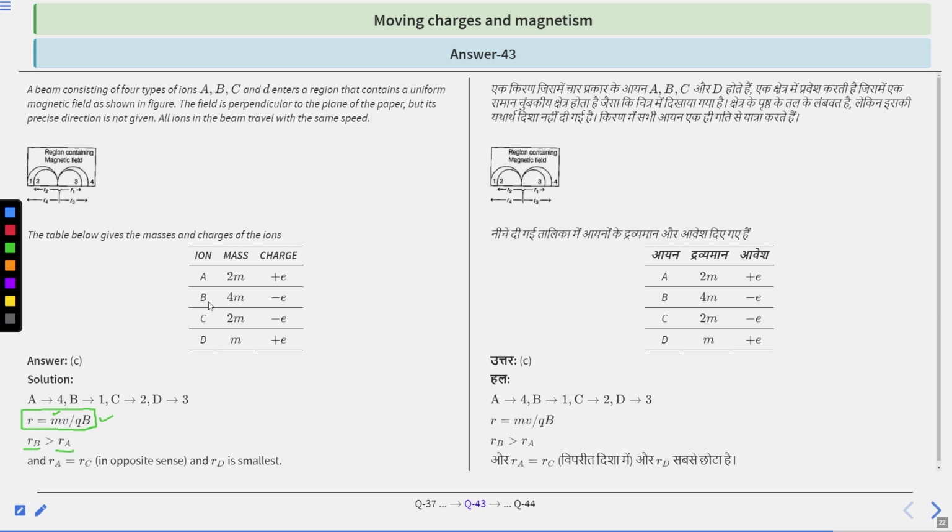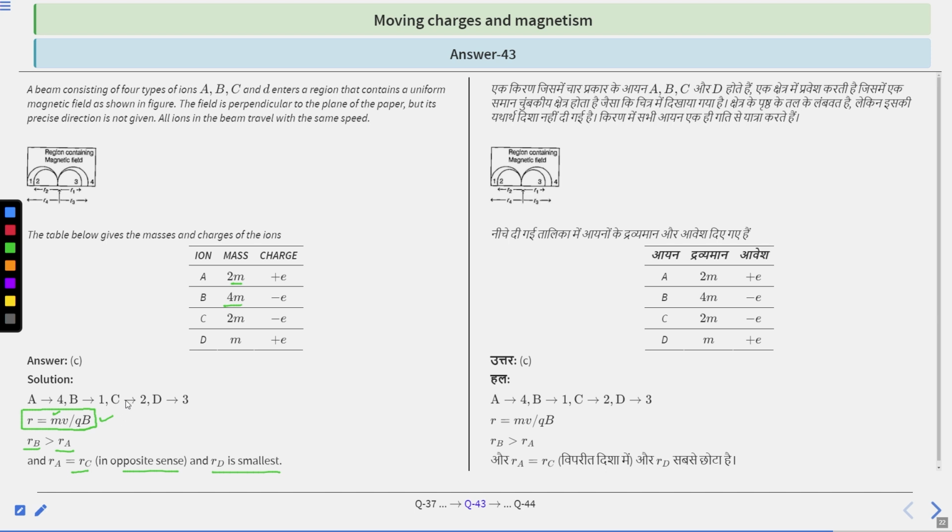It means the mass of B is more compared to the mass of A. So Rb is greater than Ra, and Ra is equal to Rc in the opposite sense, and Rd is smallest when you put all the masses in this formula.